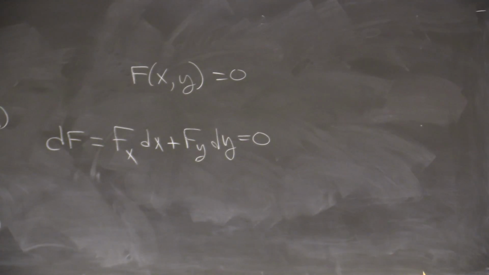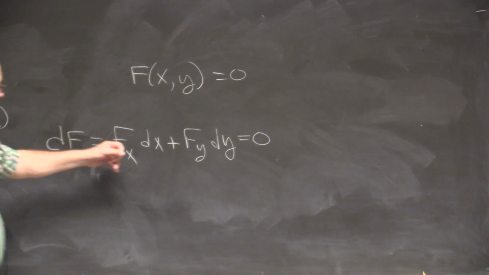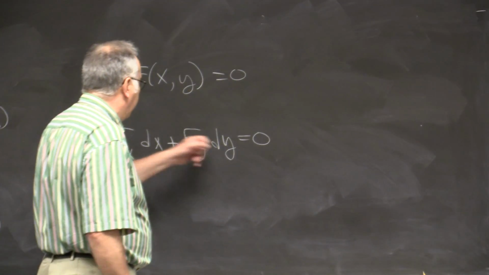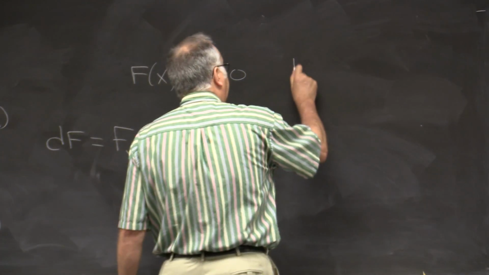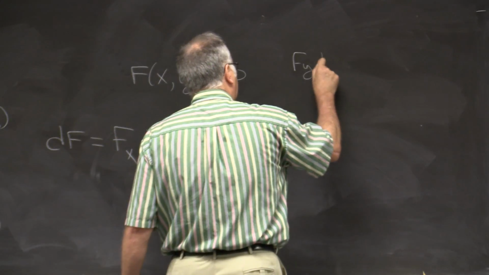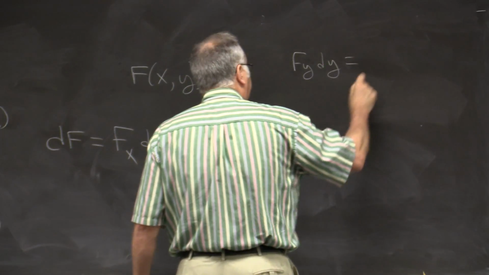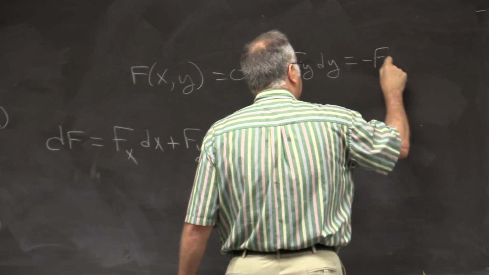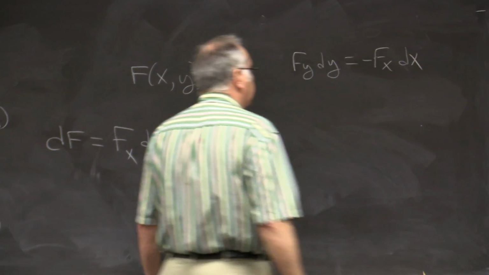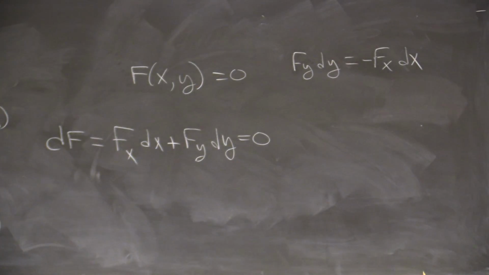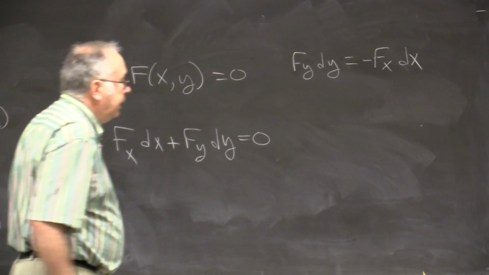And now, let's bring this term over to the right. So then we'll have F sub y dy equals minus F sub x dx. Now let's divide both sides by dx.